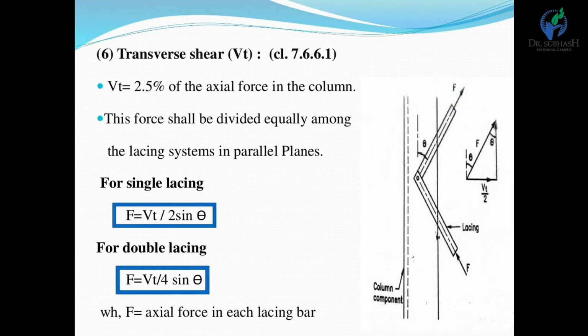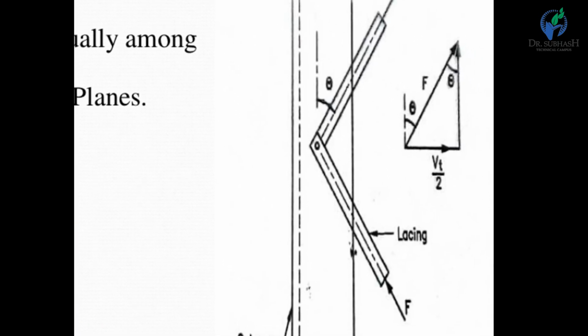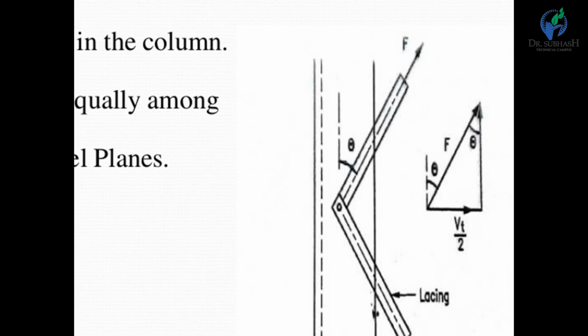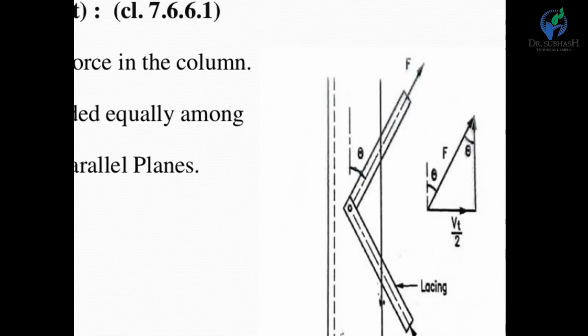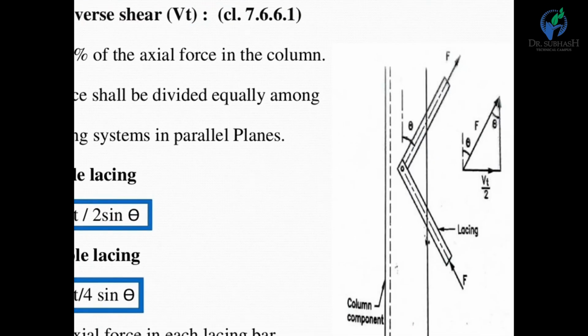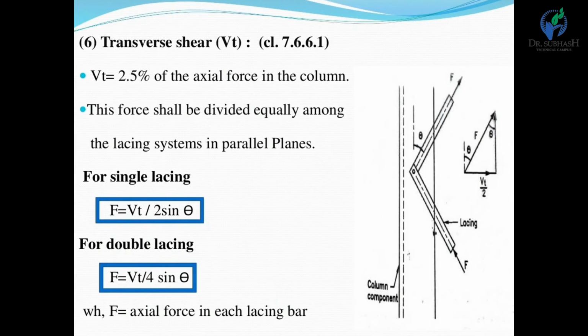So for single lacing, F is equal to VT by 2 sin theta. How is it calculated? You can see that figure. This force we take in parallel. F is the force, theta is the inclination of the lacing, and the force is divided into F divided by 2, which means VT by 2. So finally for single lacing we get F equal to VT upon 2 sin theta.